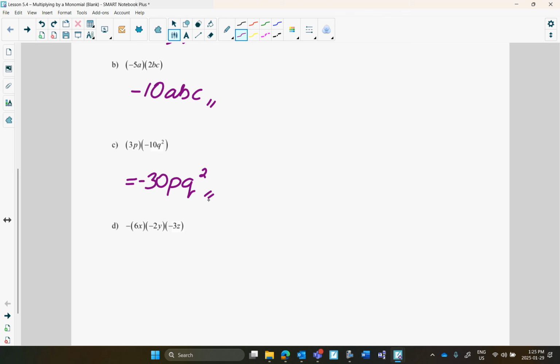Why don't we just do the exponent first? No, because there's nothing to do with the exponents. That's if we plugged in values for p and q, we'd do this first. But simplifying, no, we don't.